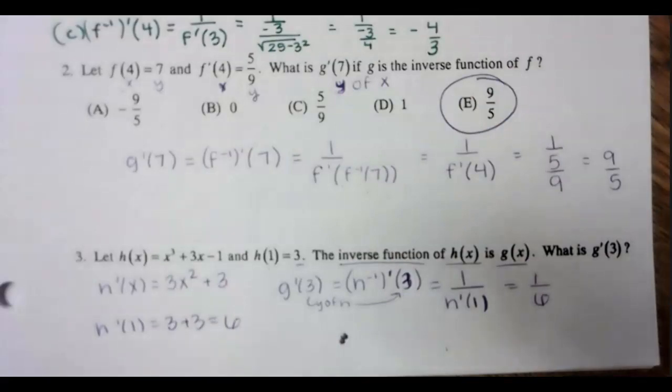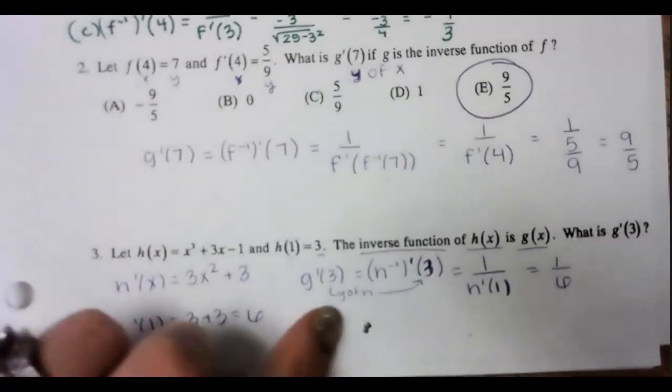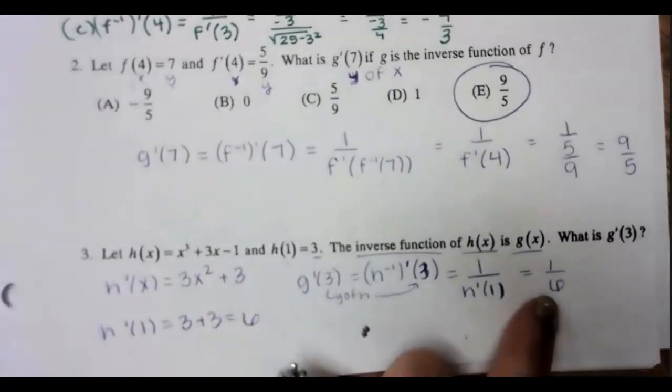The other way you'll see inverses would be with a table. And if they gave you the table, then more than likely it would be part of a free response in which you have multiple parts to that table. Number 3, your final answer was 1/6.